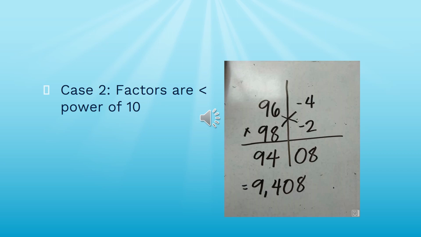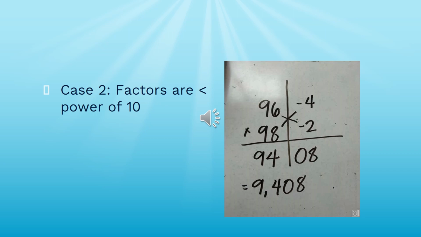So 96 minus 2 is 94. If we do it on the other end, like 98, we will also get 94. So 98 minus the distance of 96 from 100, which is 4, 98 minus 4 will also bring us to 94. So this 94 will be our first part of our product.